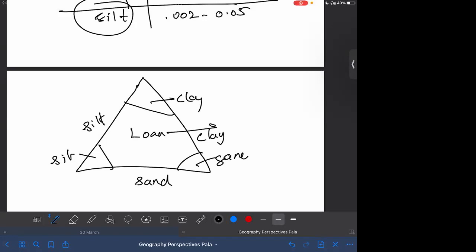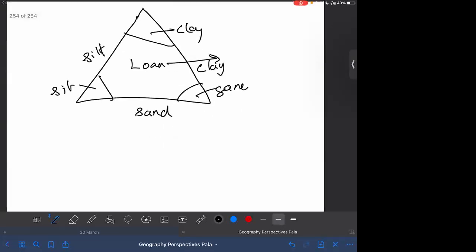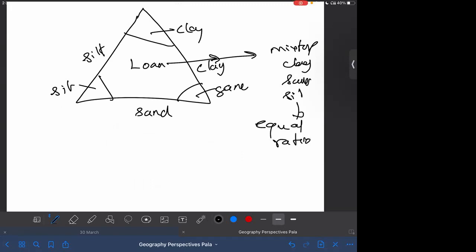Loam is the soil which has the right proportion, a mixture of clay, sand and silt in equal ratio. Loam is the most suited for agriculture.